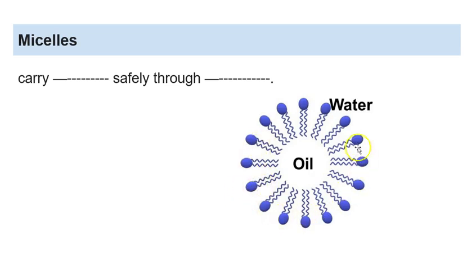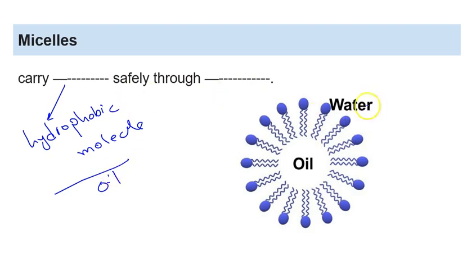As you can see here, this circular structure is called a micelle, and it is important to know that micelles carry the oil, which is a hydrophobic molecule, safely through the water. So we have water outside of the micelle and oil inside of the micelle. So the micelles carry hydrophobic molecules safely through water.